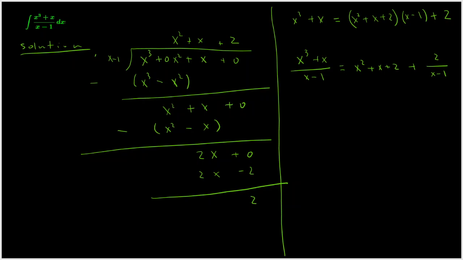Now look at the whole thing. Let's zoom in carefully. I'm going to tell you the idea. After a long division, in all cases, the integral of an improper rational function can be converted to a polynomial plus a proper rational function.